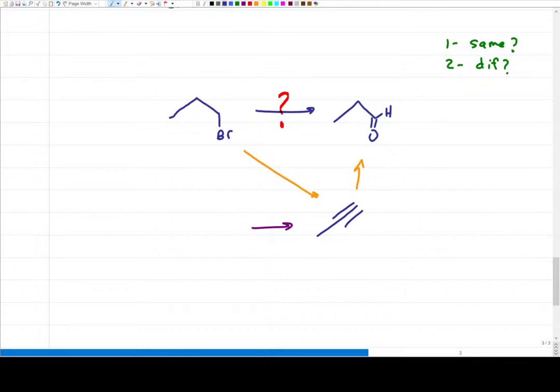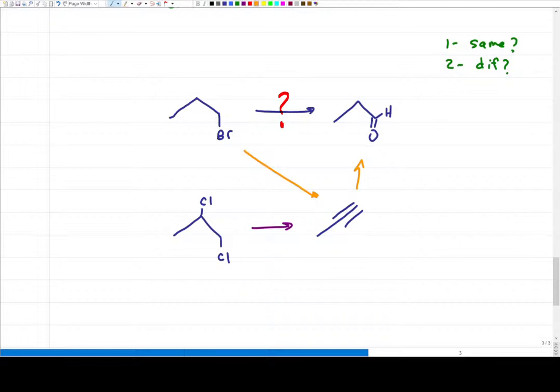That means we need to have 2 halogens, 2 leaving groups on the molecule. I have an option of putting both of the halogens on the same carbon, or both of the halogens on opposite carbons or nearby. And I'm going to choose to do the nearby carbons because I have to think about what reaction could potentially get me there.